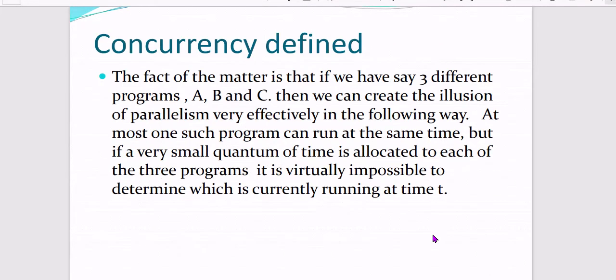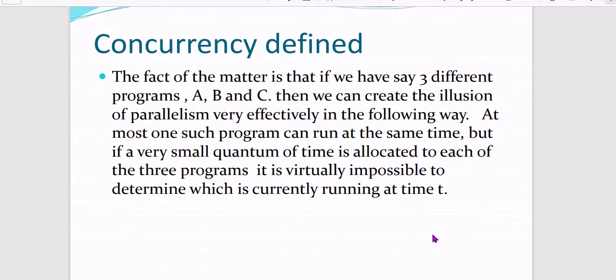So the fact of the matter is that if we have, say, 3 different programs, A, B and C, then we can create the illusion of parallelism very effectively in the following way. Okay, so we've established, I think we have anyway, at most one such program can run at the same time on a single CPU.